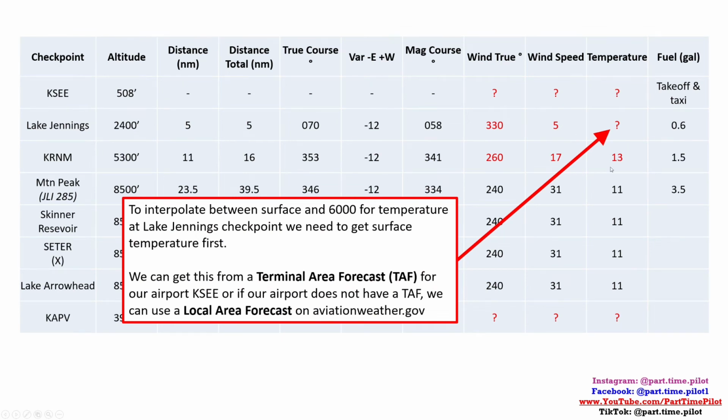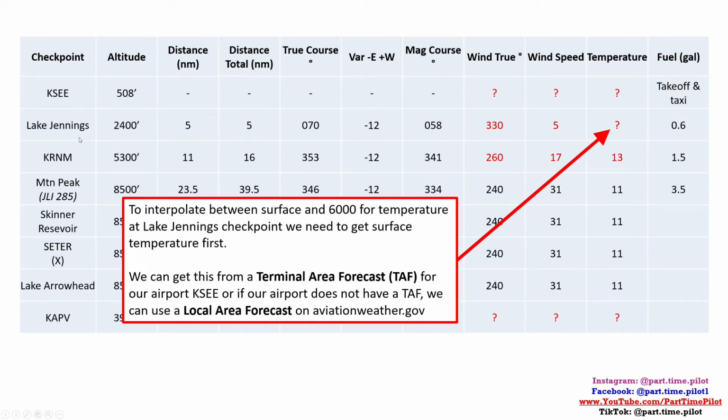And then for temperature, we're going to have to interpolate between the surface, which is at KC at 508 feet, and this is a pressure altitude, and then Lake Jennings, this row, where we use data at 6,000 feet. We can get this from a terminal area forecast for our airport, KC, or if our airport doesn't have a TAF, we can use a local area forecast.